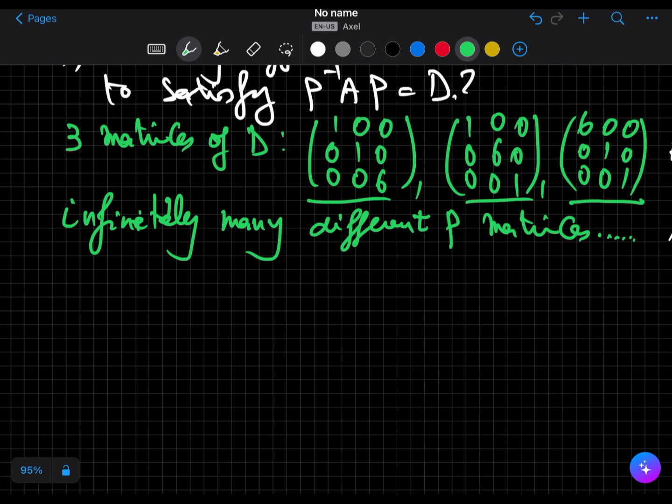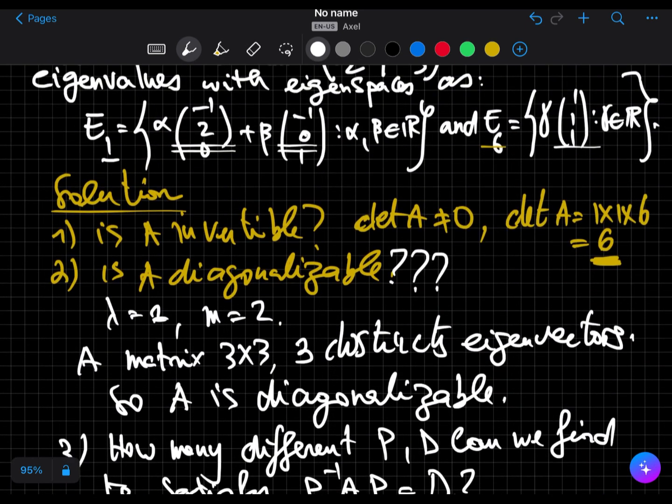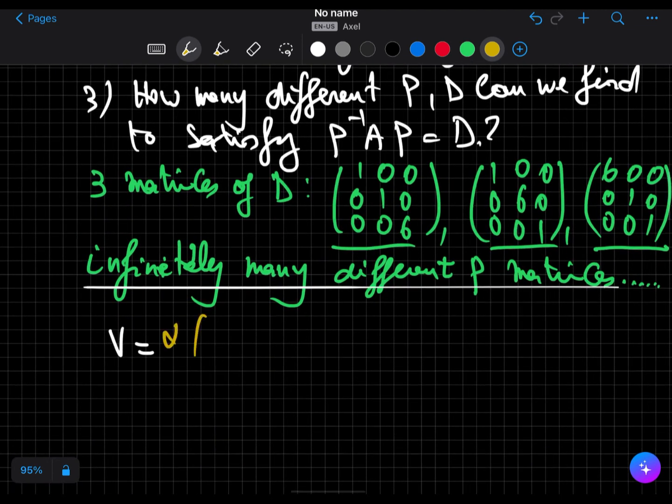For instance, you can replace any eigenvector by a non-zero multiple of itself and use those to form P. Remember that if you check how this eigenvector is written here, you can see that it is alpha, alpha minus 1, 0.